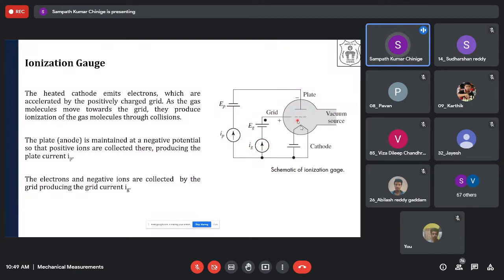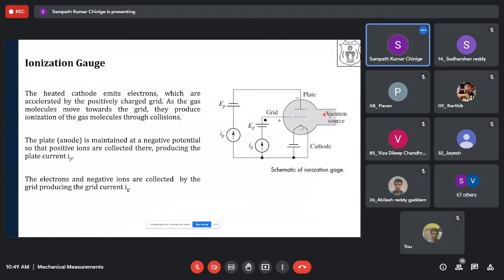Similarly, the plate, which is maintained at a negative potential, collects the positive ions and produces a plate current, which we call IP. So this is the plate current and this is the grid current. Two types of currents are produced because of the heating of the cathode within a gas chamber which is evacuated.